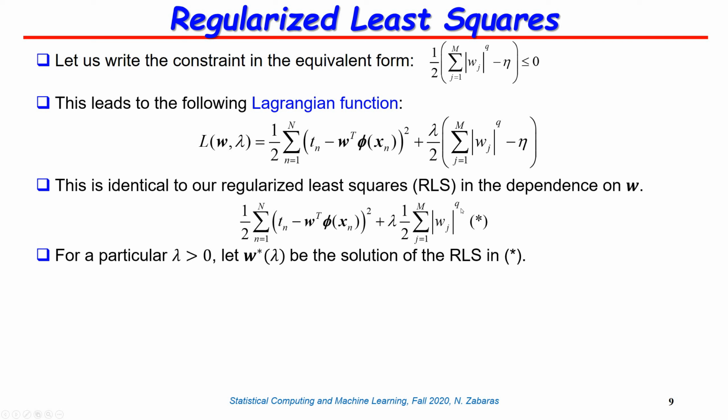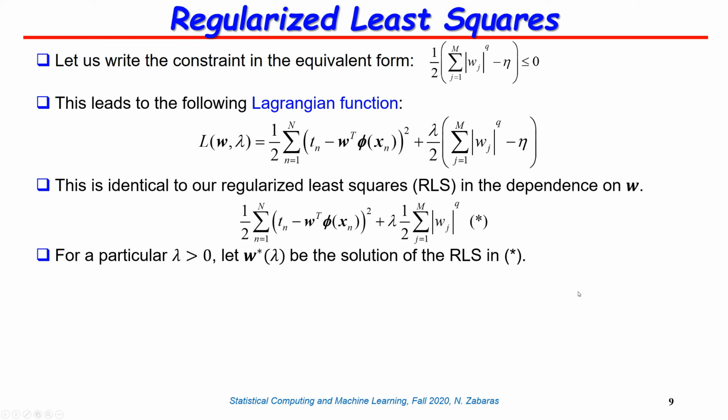Of course, I already told you what the solution will be for q equal to 2, but for q equal to 1, you're going to have to wait for an advanced machine learning course to see how the Lasso regularization proceeds when it comes to the optimization process.